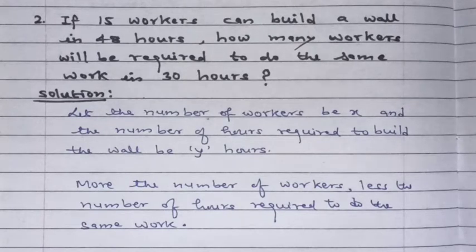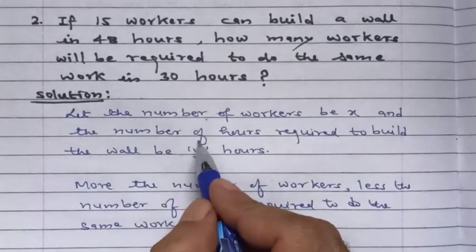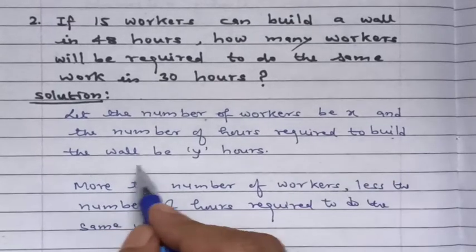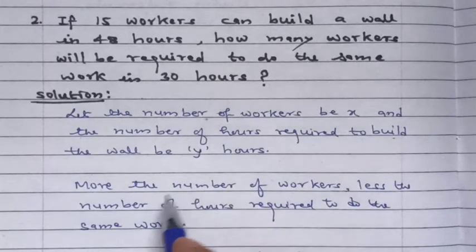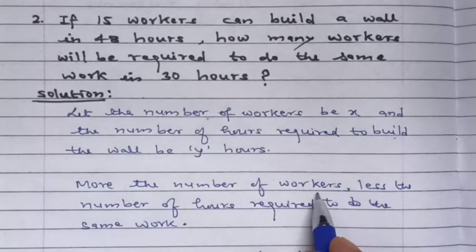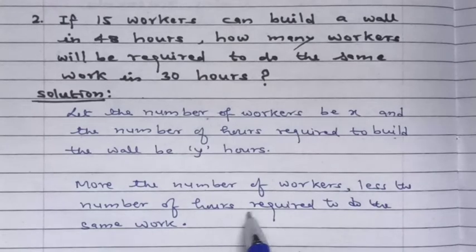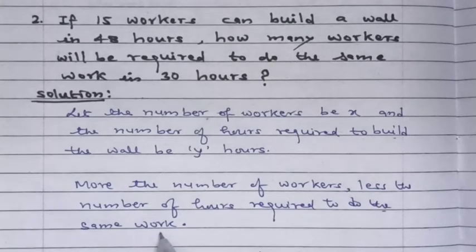Let the number of workers be X and the number of hours required to build the wall be Y hours, or only Y. Now, more the number of workers, less the number of hours required to do the same work.